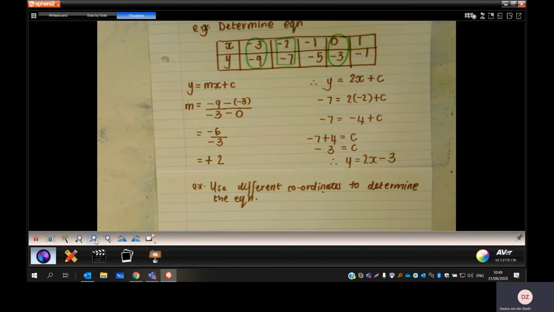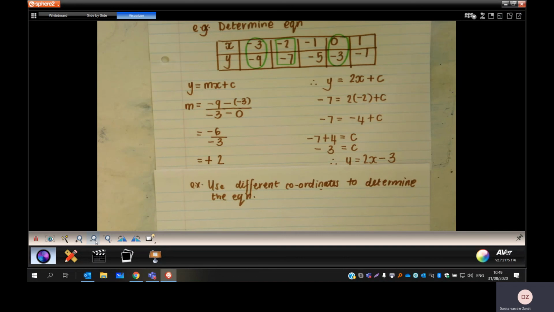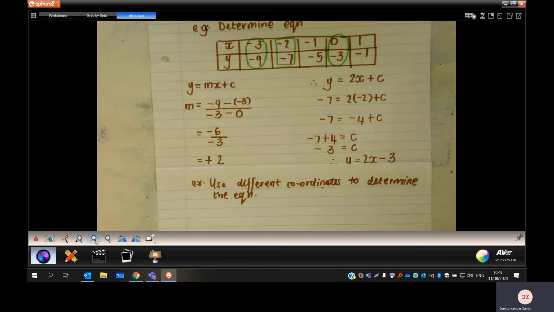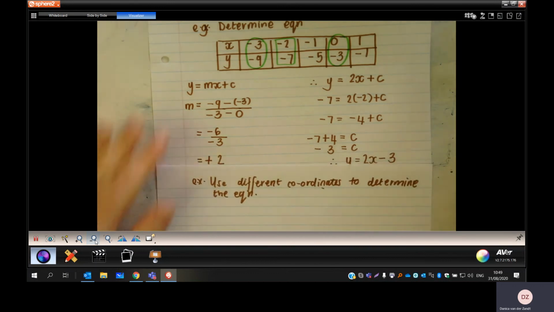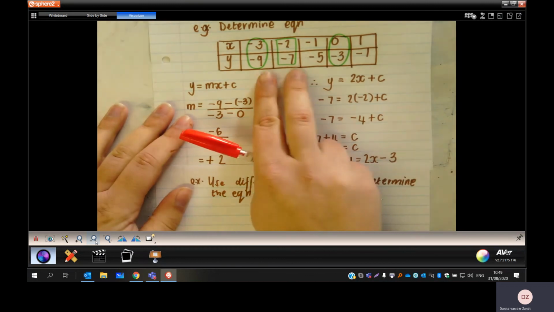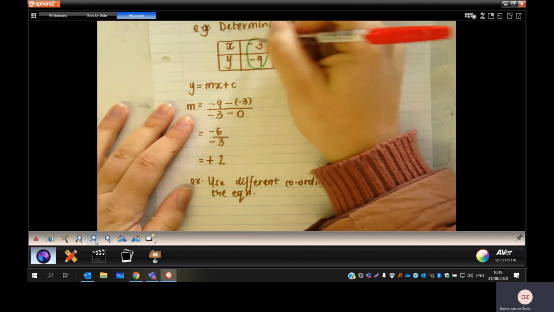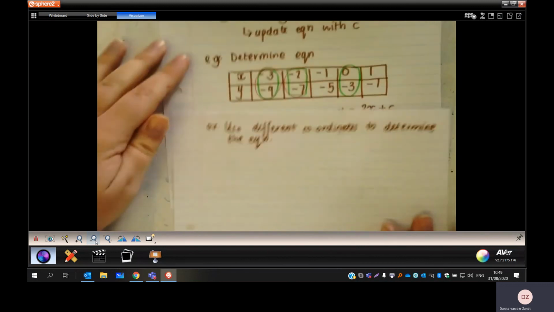Did you get the same equation, Eden? Amy, which two coordinates did you choose? These two together. Okay. So Amy chose those two.